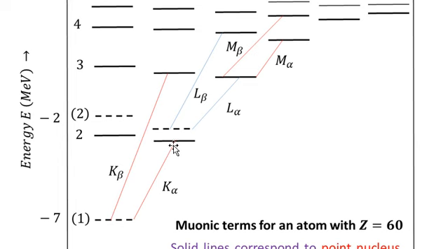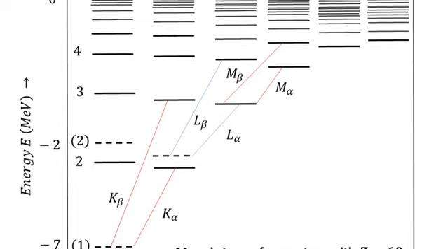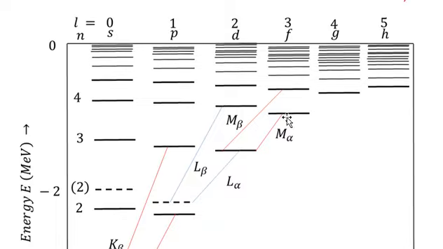Then the muonic atom in the P state having energy state 2 has a lower energy in comparison with the energy state when the muonic atom is in the S state. Similarly, the dotted state corresponds to the N equal to 2 state, and of course I have also shown the solid lines corresponding to the other higher states of the P muonic atom. So these are the higher P states of the muonic atom.